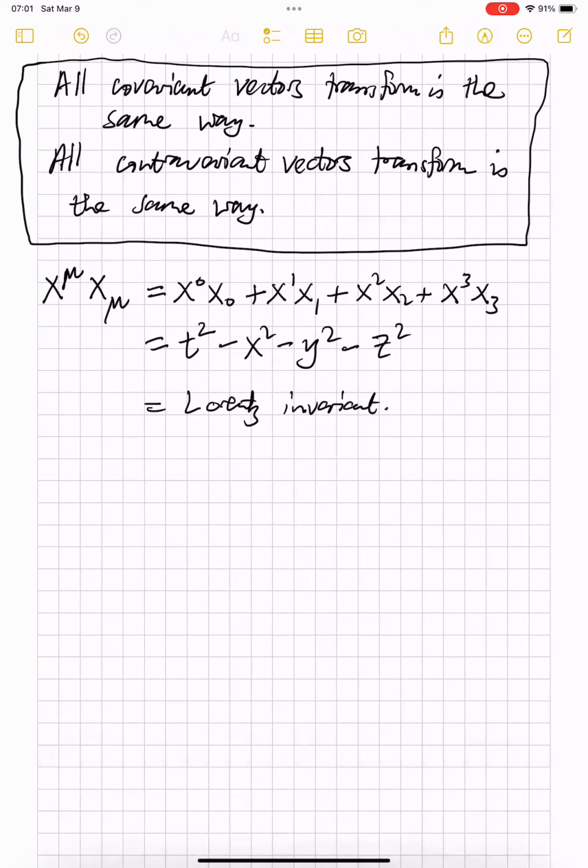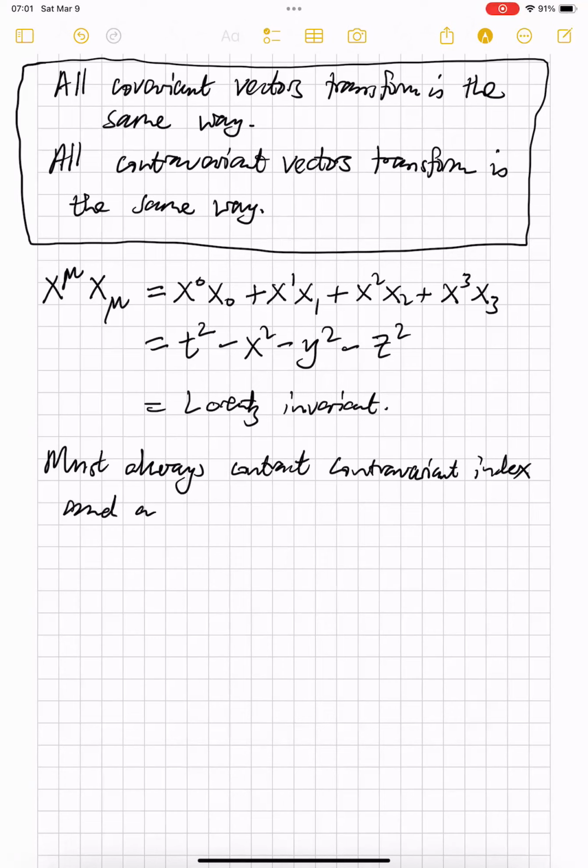You must always contract an upper index, a superscript, or a contravariant index, and a lower index or subscript or a covariant index. So the Einstein summation convention is always defined with an upper index and a lower index.